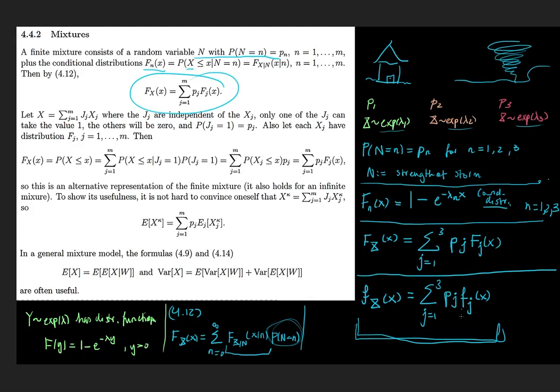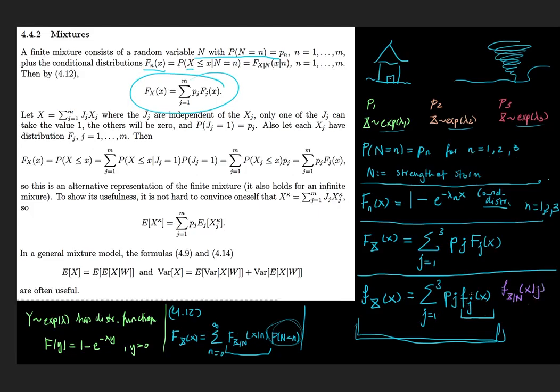Now, note what this fj actually stands for. This is what I want to end this part with. This fj stands for the conditional density of X given N, so given storm strength, evaluated in x given a certain value of N, which in this case is j.